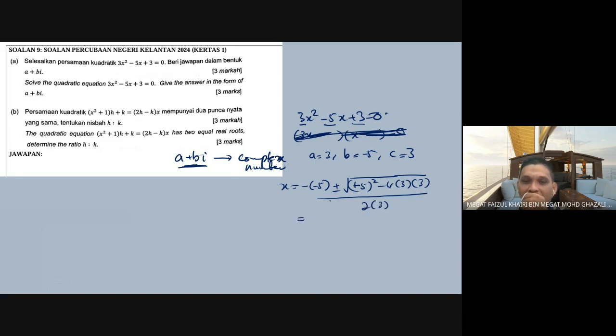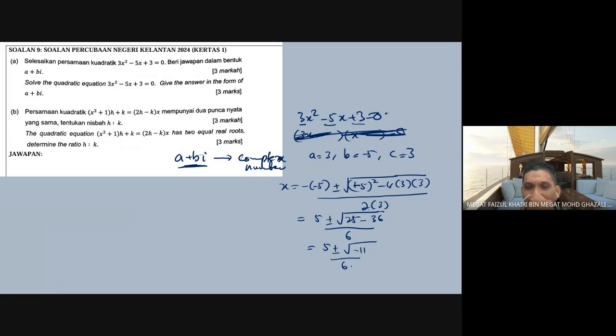So negative and negative, positive 5 plus minus square root of 25 minus 4 times 3 times 3, which is 36, divided by 2 times 3 equal to 6. 5 plus minus square root of 25 minus 36, negative 11, divided by 6.